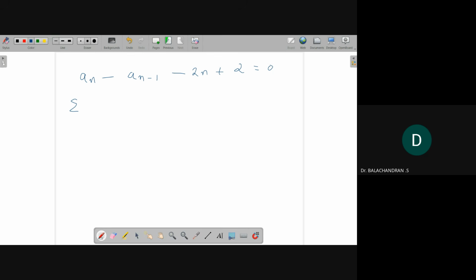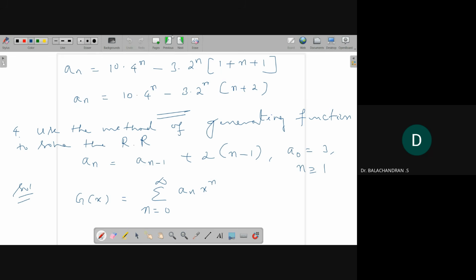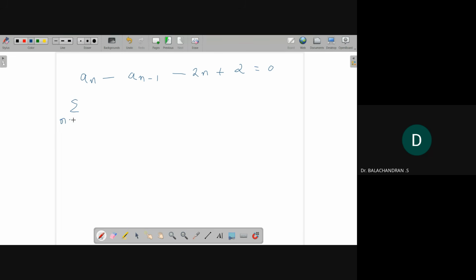Now multiply throughout by x power n and take the summation n equal to 1 to infinity.